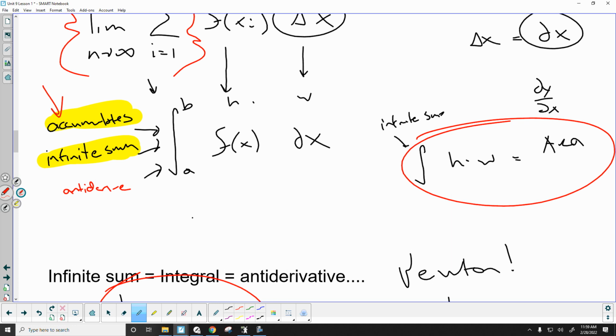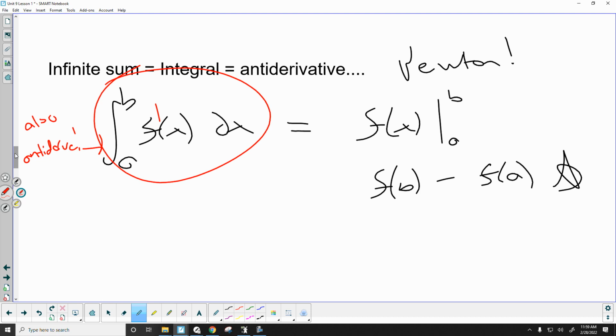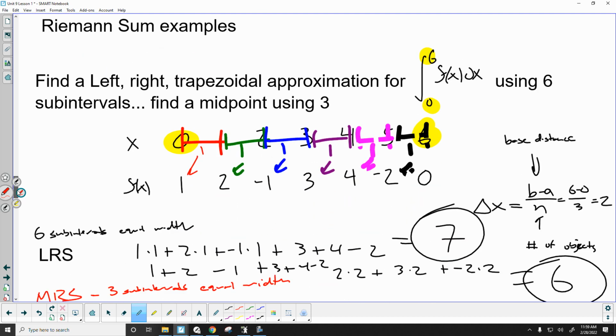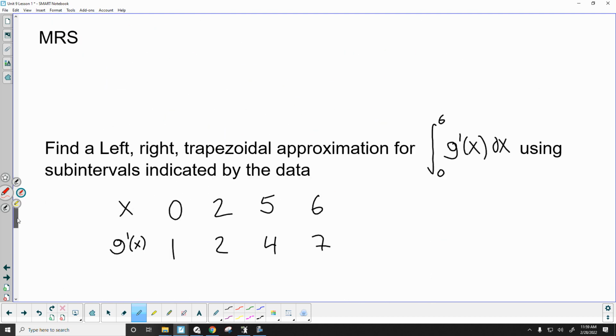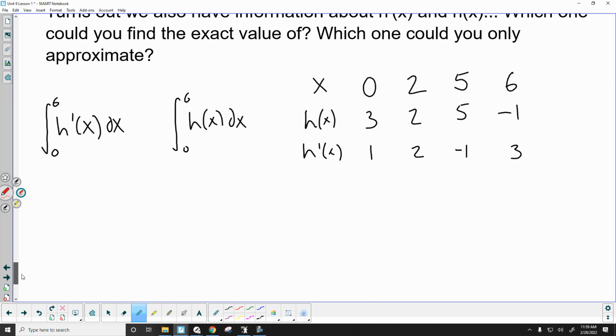And it's the idea of these infinite sums that can tell you things about what's going on in the world. Okay? So the integral actually starts with an infinite sum. It's Newton who discovered the connection with infinite sums and areas. Now it's important for the lesson to remember that. So let's go to the last page of the lesson.